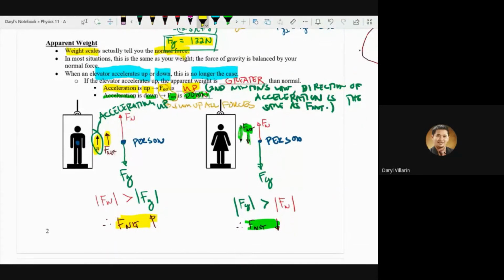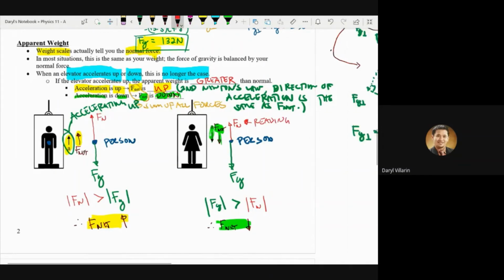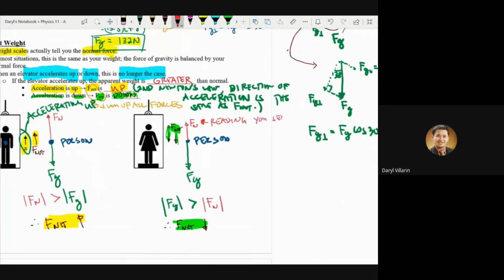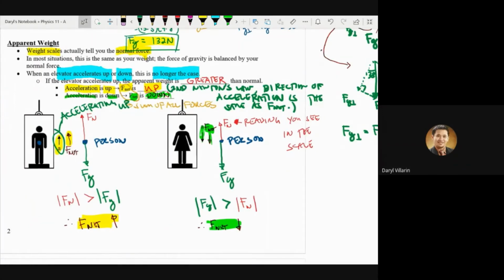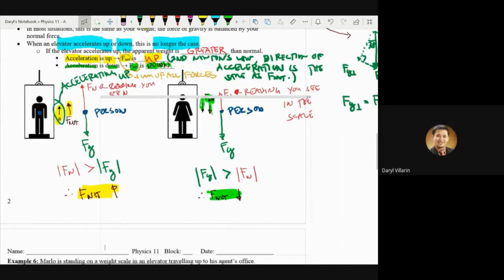So this is the reading that you see in your scale, because it uses that particular concept, Newton's third law.